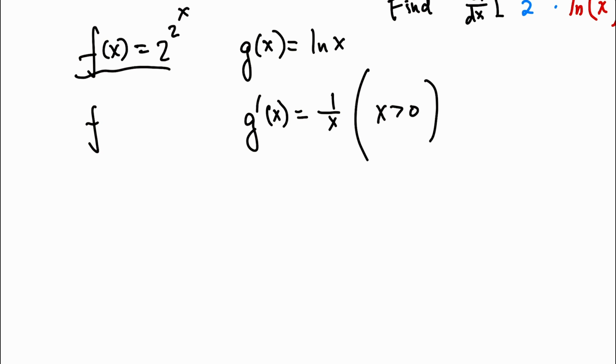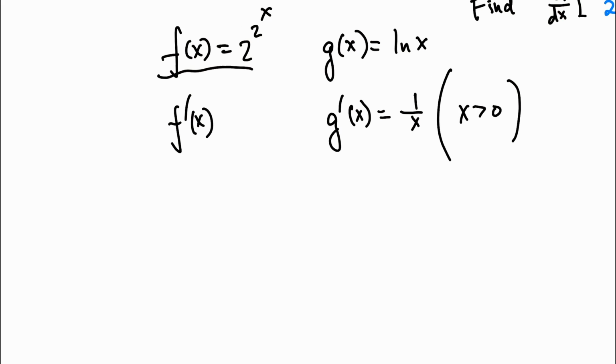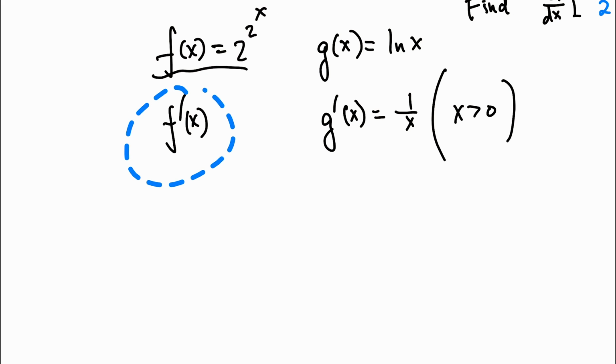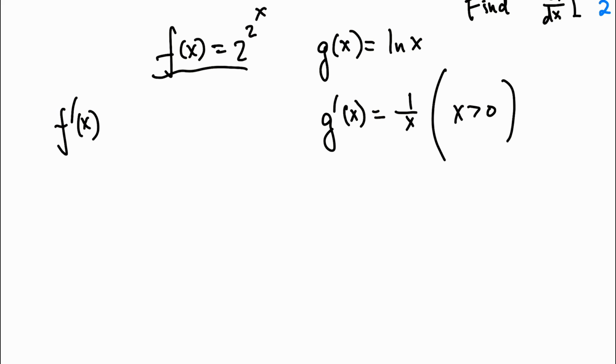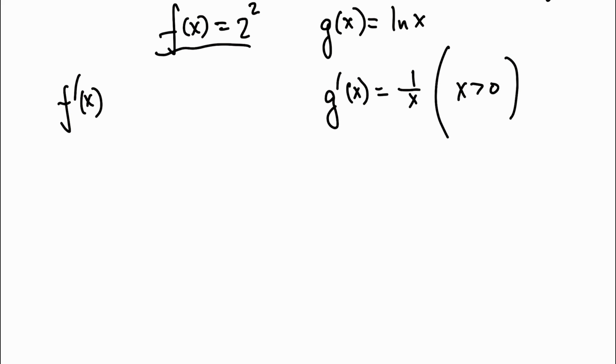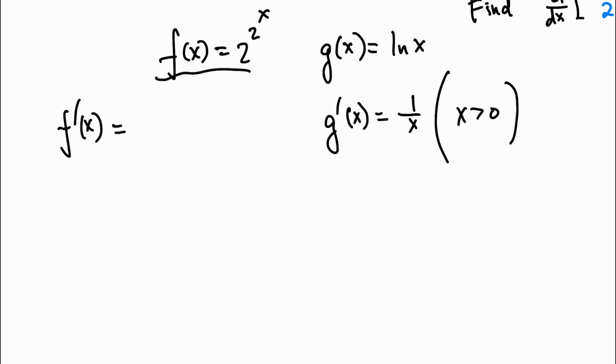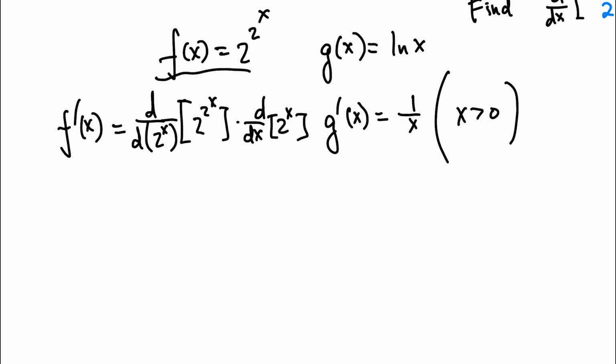So that would be f prime of x. And what we have over here, let's give ourselves a bit more space, that would be equal to the derivative with respect to 2 to the x of this thing, which should be relatively easy, multiplied by the derivative with respect to x of 2 to the x.